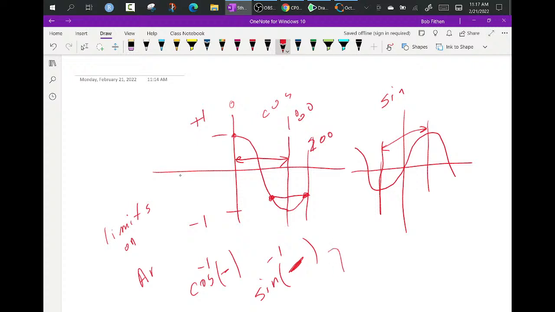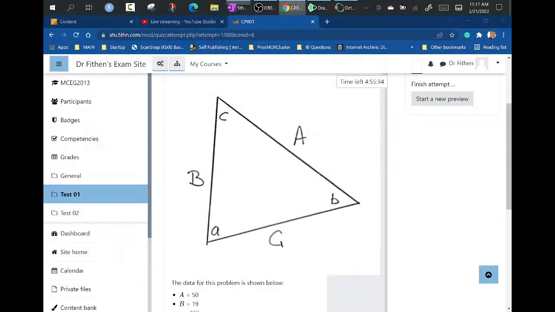The arc sine will go from minus 90 to 90, and the arc cosine goes from 0 to 180. So your problem is, how do you resolve that? I'll let you figure that out. That's common for all classes, so I just list that for all.